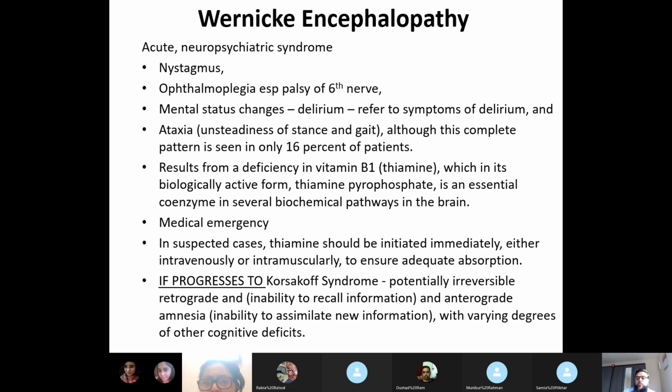That means when the patient stands, they will be imbalanced even then. You can do the Romberg sign to check the ataxia. And when you ask them to walk, they will again be staggering. The ataxia will be very profound in walking as well, both standing and walking.